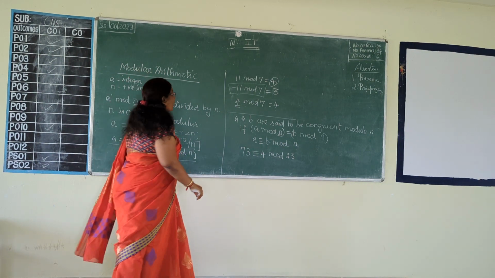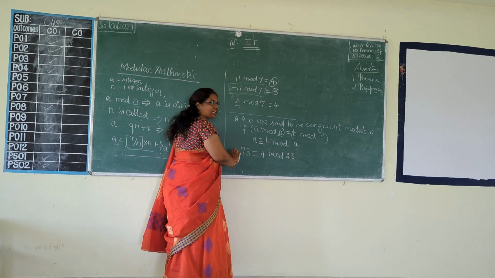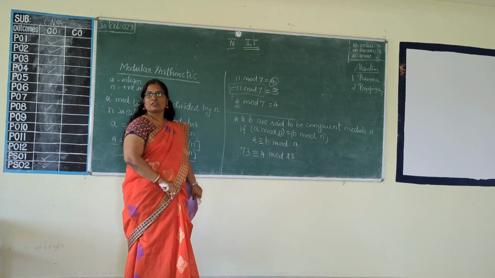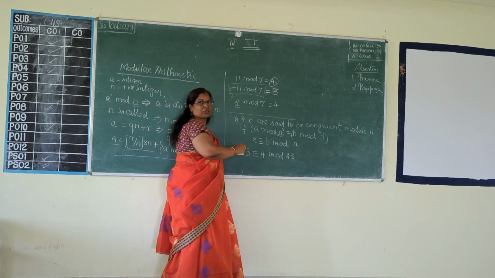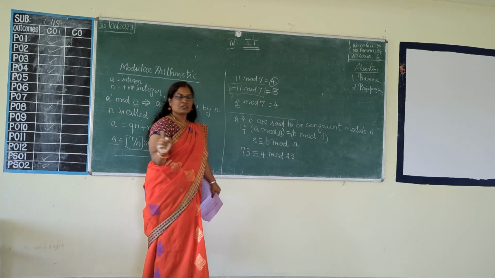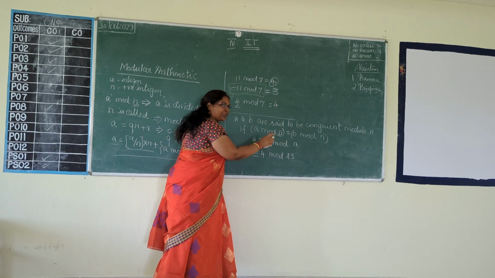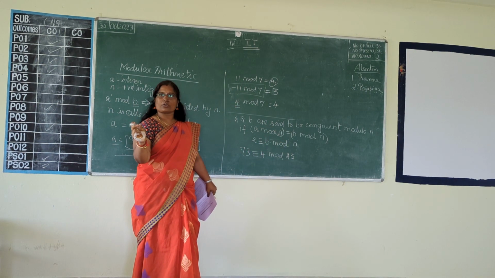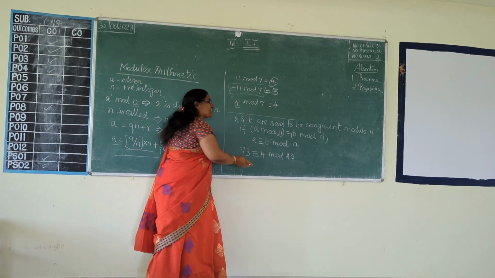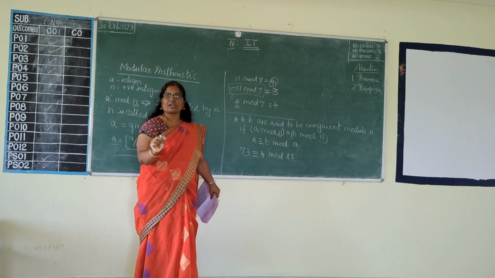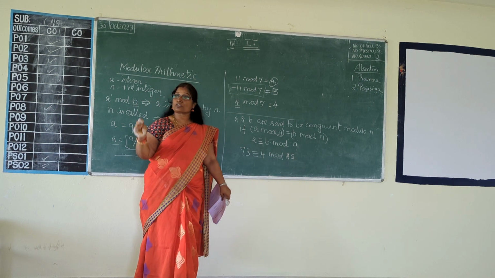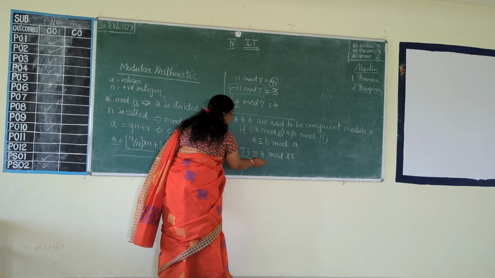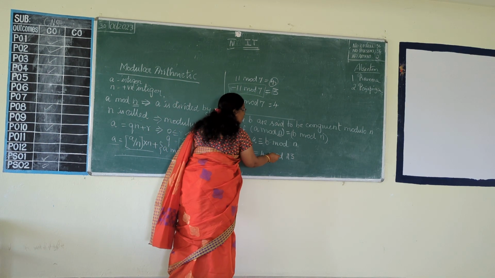Correct? So how do you find out whether it is correct or not? To check whether this is correct or wrong, how do you check? 73 mod 23 and 4 mod 23. This is very simple. I can easily find out 4 mod 23 is equal to 4. So on the left hand side, I must make sure that 73 mod 23 is 4. If that is the case, only then can I write 73 is congruent to 4 mod 23.